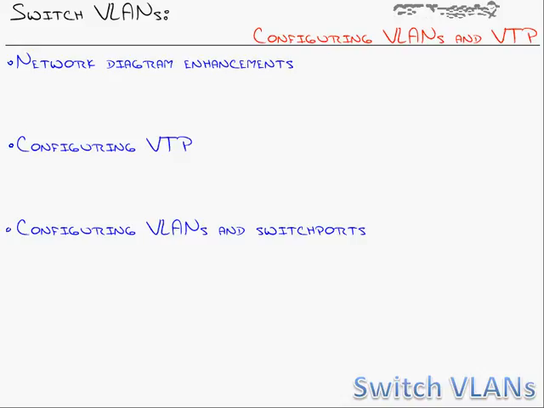So we walked through this and saw the network diagram enhancements. We added 3 switches to our network, or 2 additional switches, and we assigned IP addresses to them. We then configured VTP, and in order to do that, we had to set the trunk ports between the switches, turn on the VTP domain name, and set all the parameters with VTP.